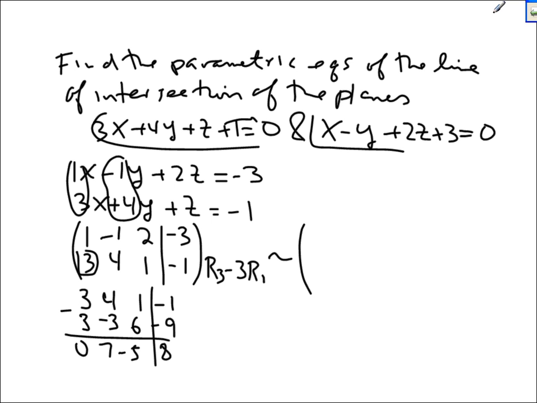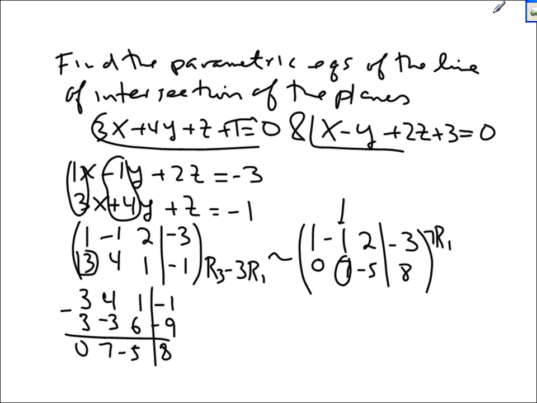You have to know your arithmetic. 0, 7, negative 5, and 8. I want that negative 1 to be a 0. And that's a 7. So multiply row 1 by 7. That puts a negative 7 there. If I just add the 7 to it, I'll get 0. That is, I'll add row 2.